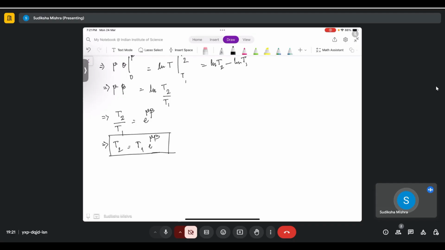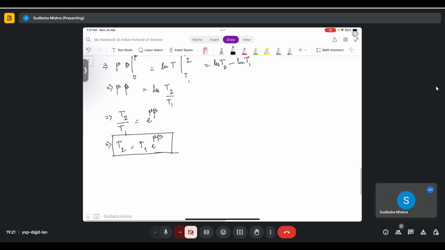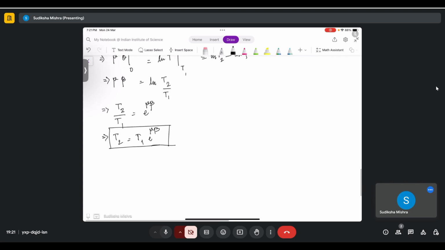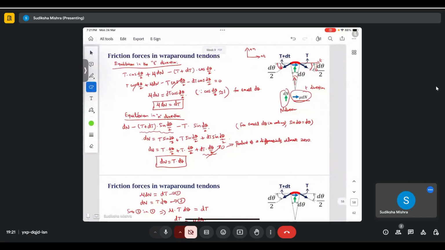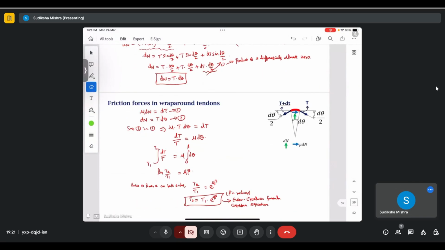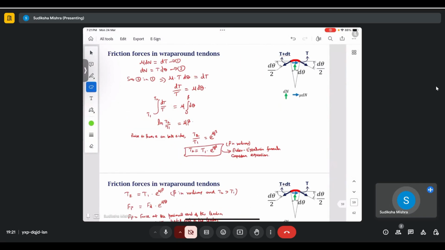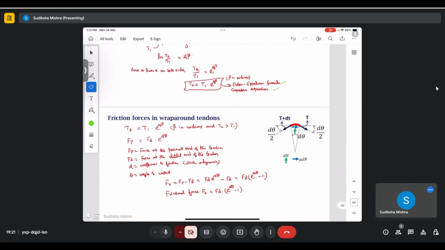Okay, so this is the relation between the tensions that are felt by both the sides. This is known as the Euler-Einstein formula or Capstan equation.